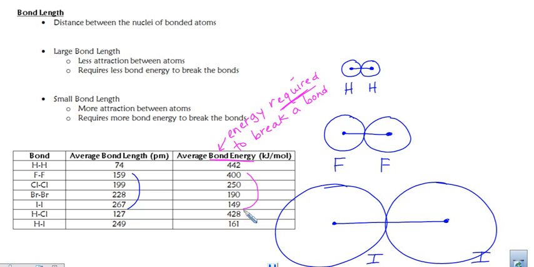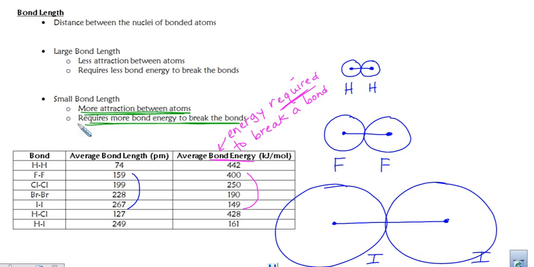The positive nuclei are closer to the negative electrons, which creates more attraction between those atoms. If there's more attraction between the atoms, it's going to take more energy to break that bond. So the smaller atoms, the smaller radii, with their nuclei closer to the negative electrons, create more attractive forces, meaning more energy required to break those bonds.